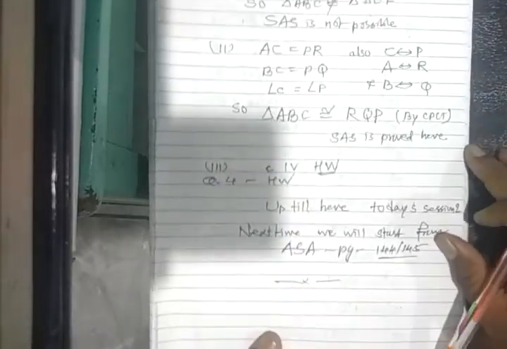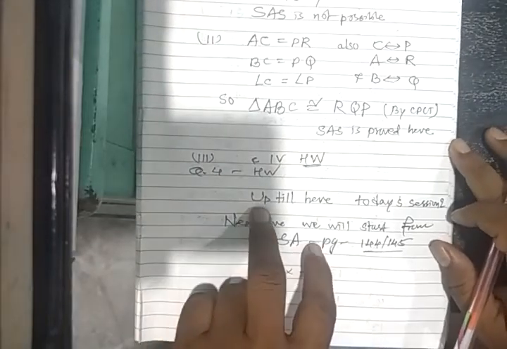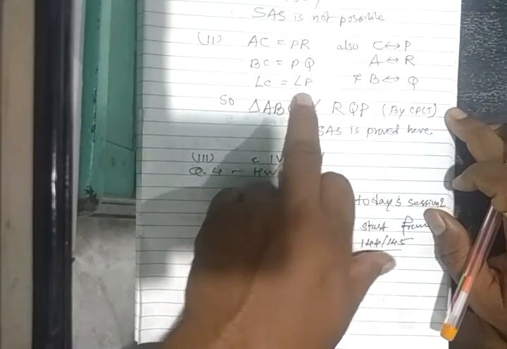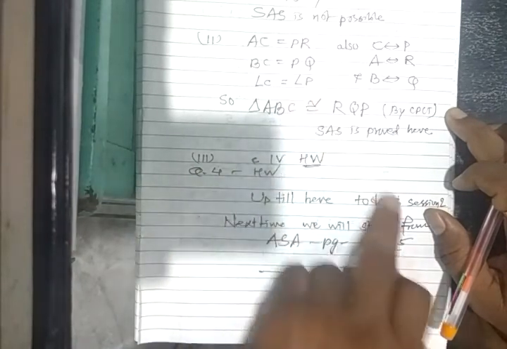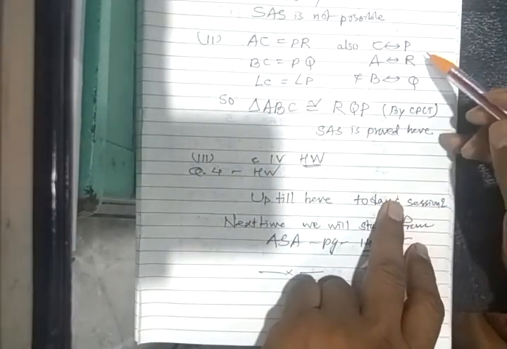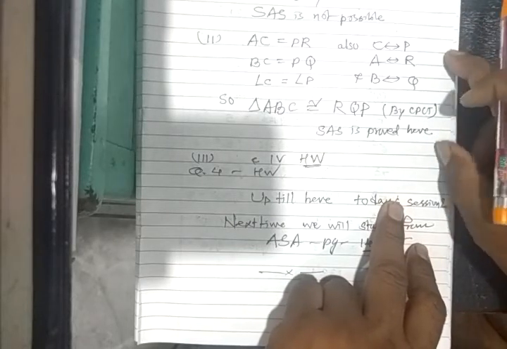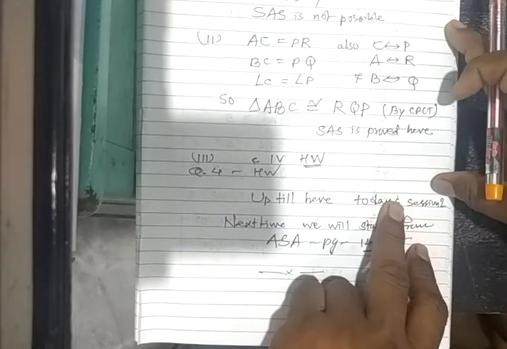Now in number 2, AC is equal to PR, BC is equal to PQ, and angle C is equal to angle P. Also, now we write down the correspondence. Here you observe the figure and write down the correspondence. You see the first one, C corresponds to P because C and P have equal angles. Now AC corresponds to PR.